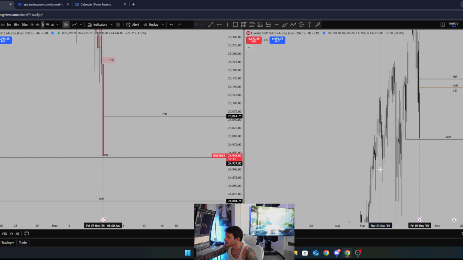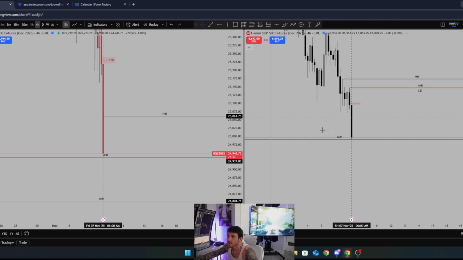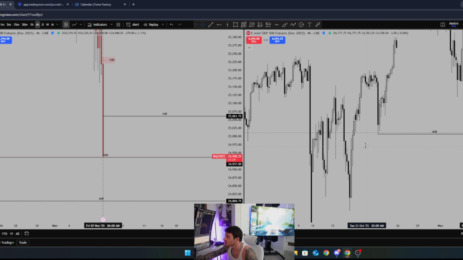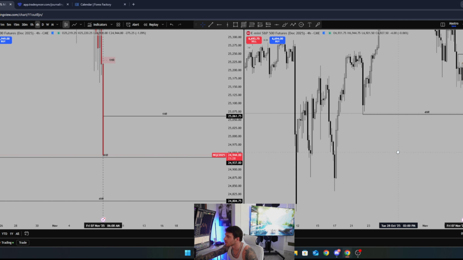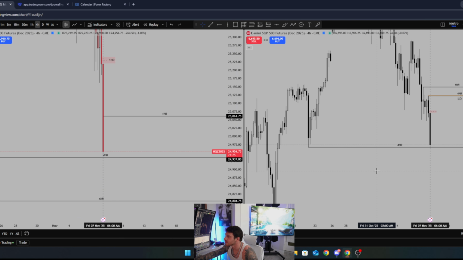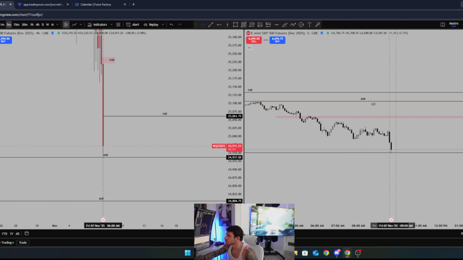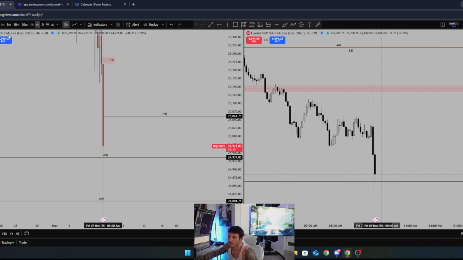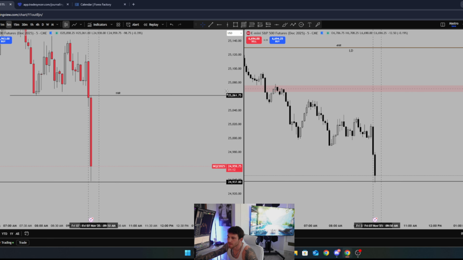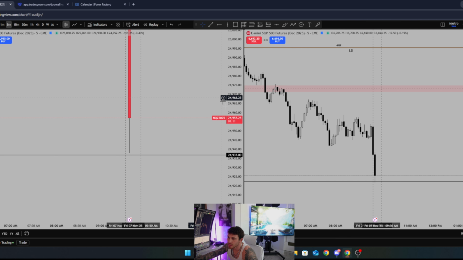Is there a daily fair value gap there? Nope, 4-hour. Little one. Where's this at? 10 a.m. Has ES taken this out yet? I mean, Nasdaq.